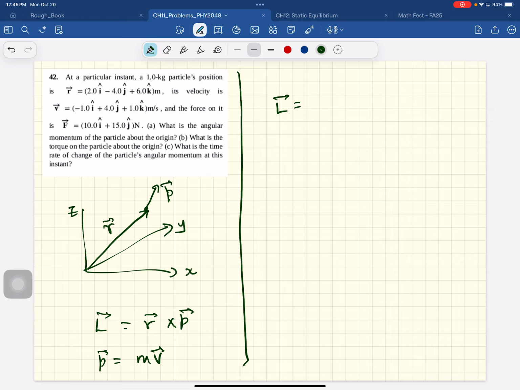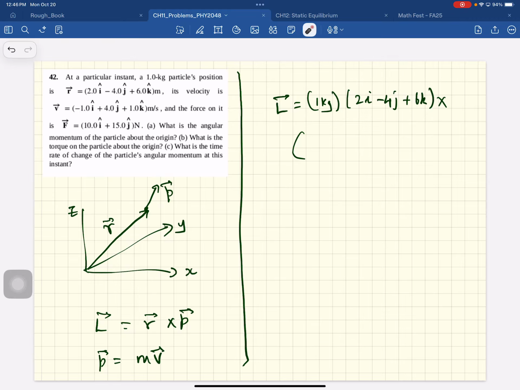So its mass is 1 kg, and the position vector is 2i minus 4j plus 6k, cross v.